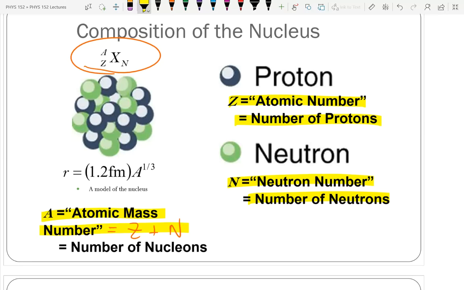And in fact, what does X tell you? Which element it is. But the elements are defined by their atomic numbers. If it is molybdenum, it's always going to have 42 protons. The number of neutrons could vary. You have different what we call isotopes of molybdenum. But if it's molybdenum, it's always going to be 42.